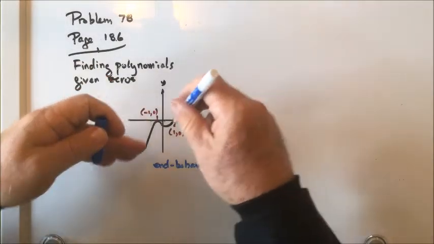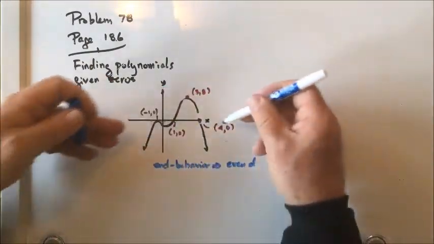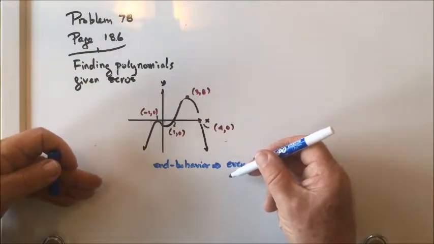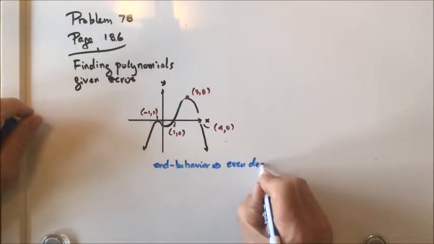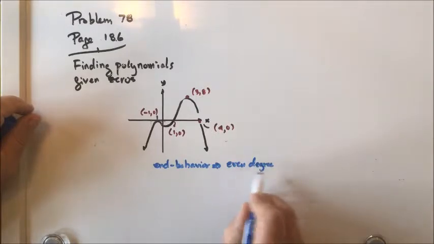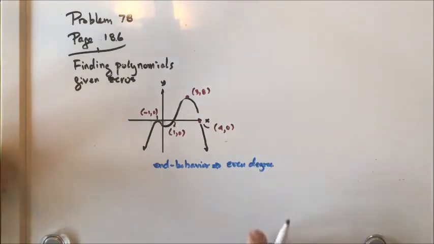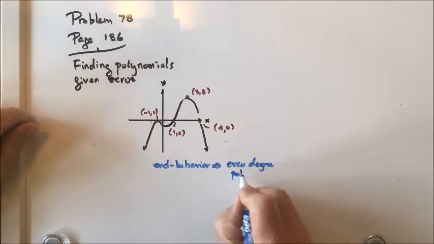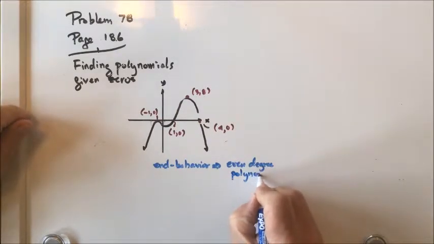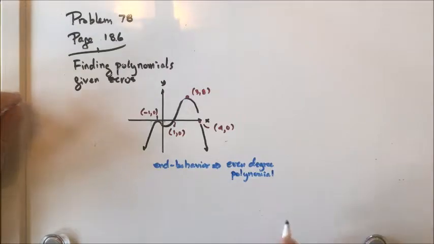Because in both cases, as x goes to infinity and x goes to minus infinity, the function is going the same place, to minus infinity, and that's characteristic of even degree polynomials, with degree 2 or 4 or 6 or 8. So we'll make sure that our answer is even when we give it.